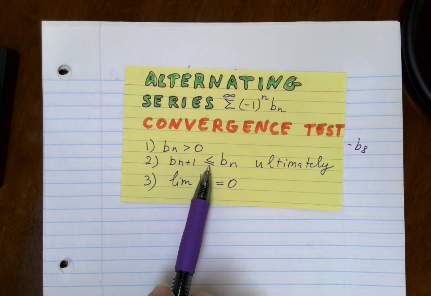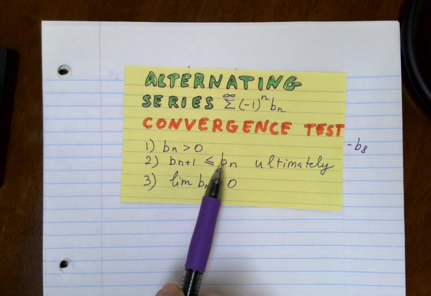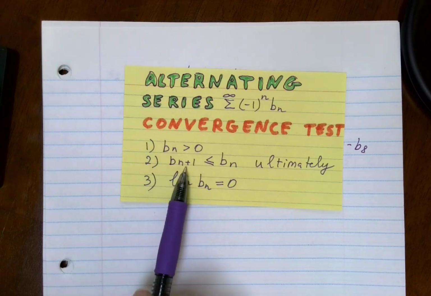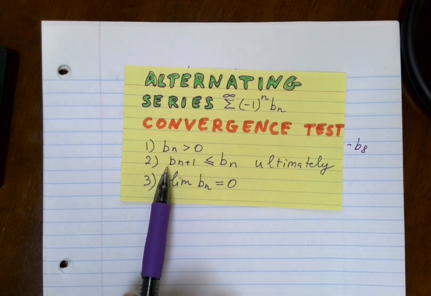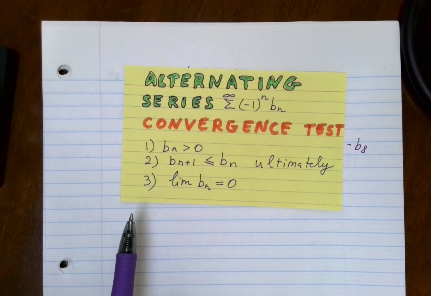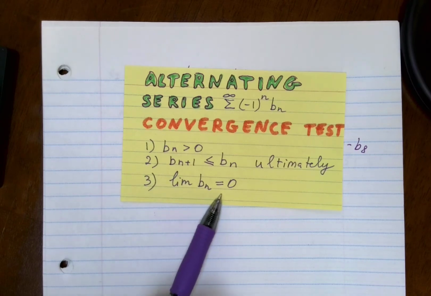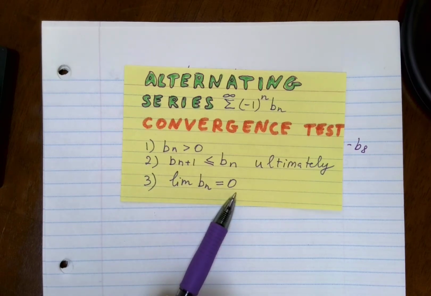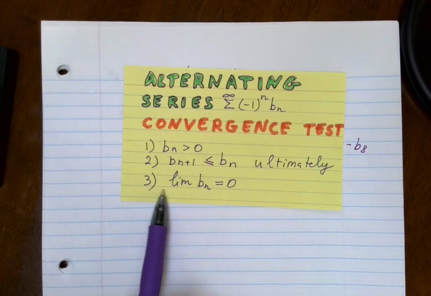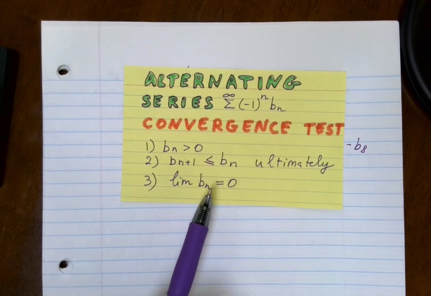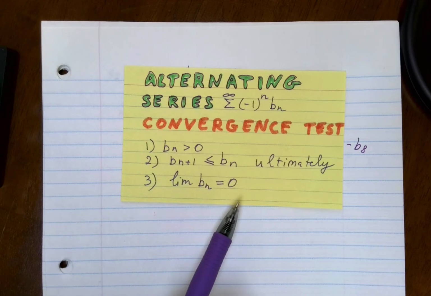So it's okay if it's less than or equal, but we want a monotonically decreasing sequence of Bn from some term on. And then, of course, we want the limit of Bn to be 0, and this part is actually the built-in divergence test. If it's not 0, then the series will diverge, right?